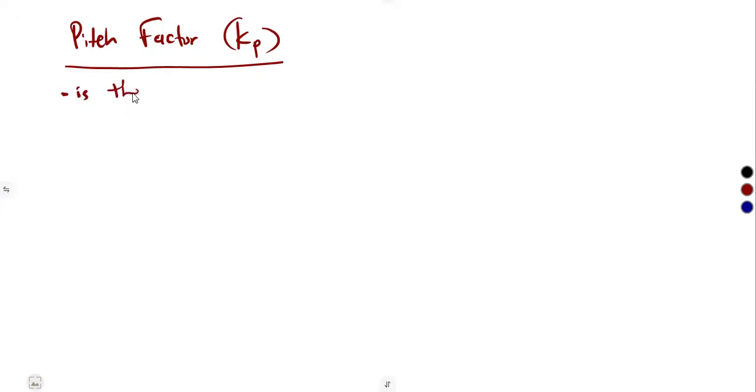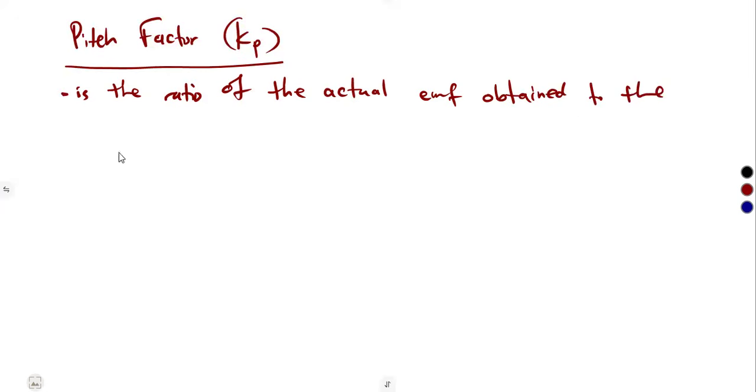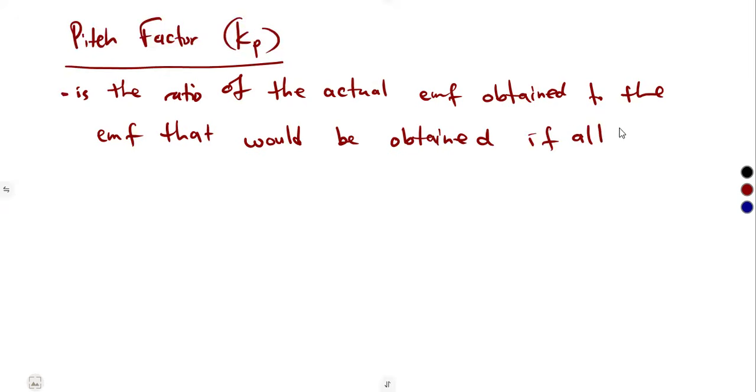It is the ratio of the actual EMF obtained to the EMF that would be obtained if all the coils were full pitched.